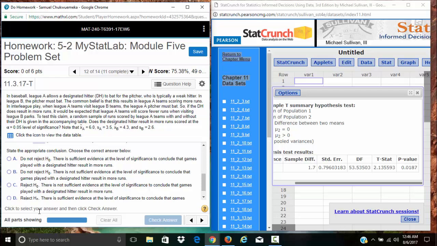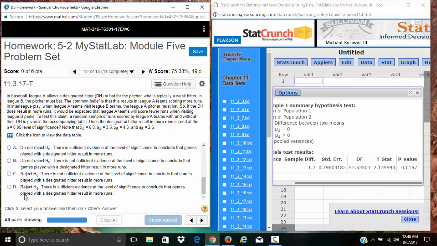And if the p-value is less than or equal to the level of significance, reject the null. So we're going to look at option C and D. Reject the null. When you reject the null, that means there is sufficient evidence to conclude that the games played with a designated hitter result in more runs.